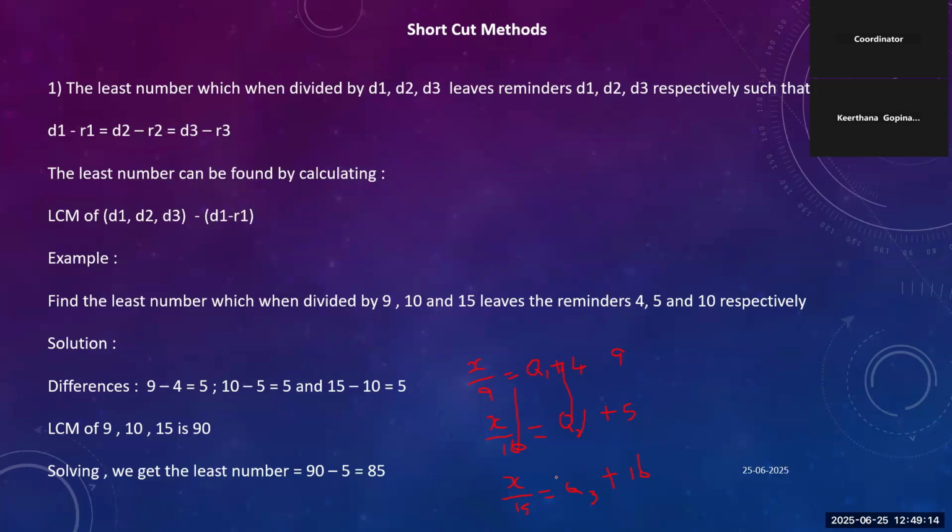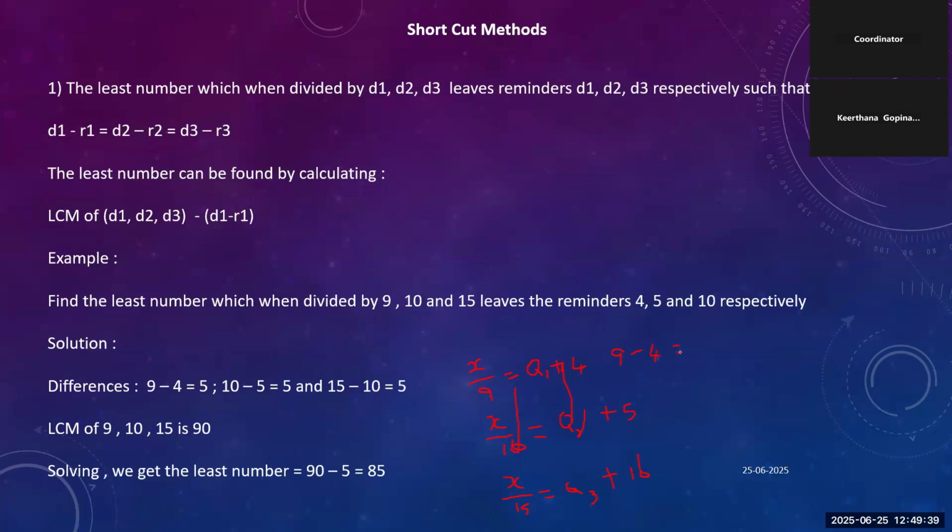There are 3 equations we have written. x divided by 9 equals Q1 plus 4. What is the divisor here? 9. What is the remainder here? 4. So 9 minus 4 is how much? 5.